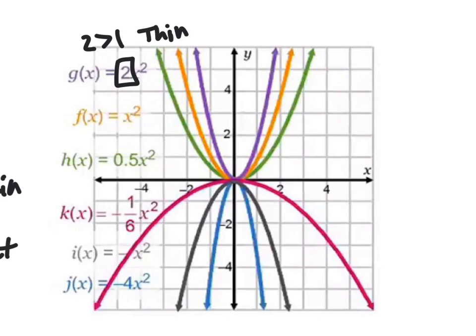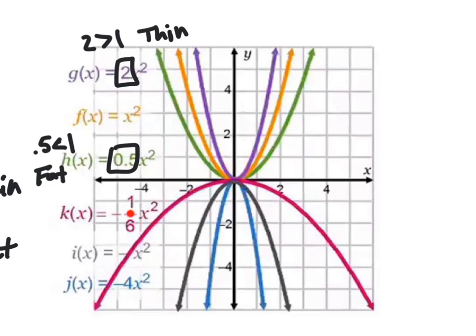You can see that graph here in purple, how it gets thin. If you have a number that is smaller than 1 but greater than 0, so 0.5 is less than 1, that means you're going to get fat. That's where this green graph is. It gets wider, fatter.